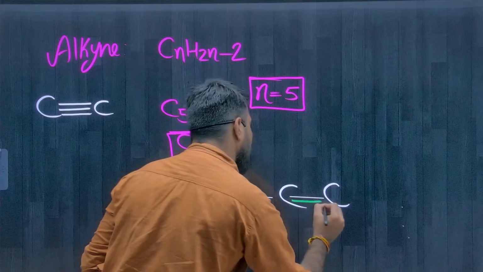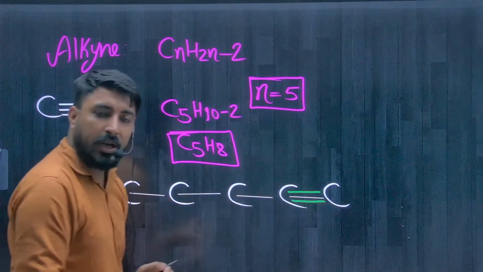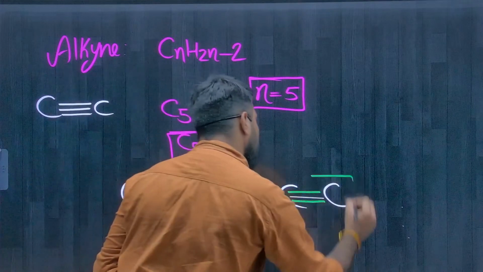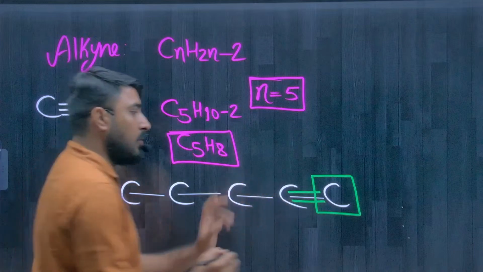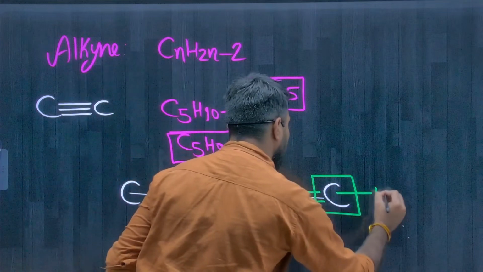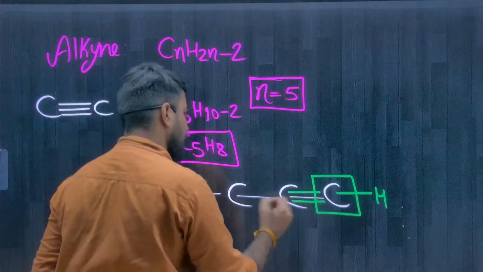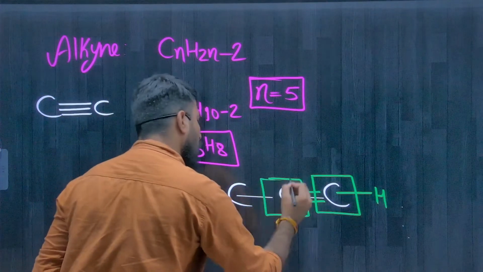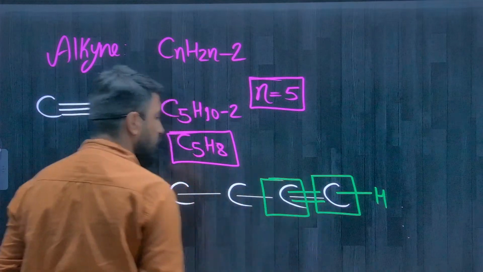So this bond, this and this, so between two carbons we make 3 bonds, and this carbon makes 3 bonds with the next carbon, so only one valency is remaining, so we put the bond with the hydrogen. And this carbon, all 4 valencies are completed with the 2 carbons, so no hydrogen is required.